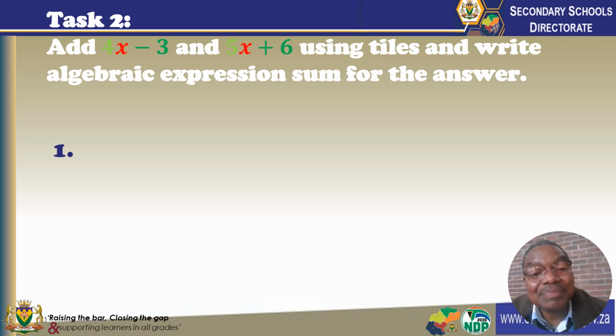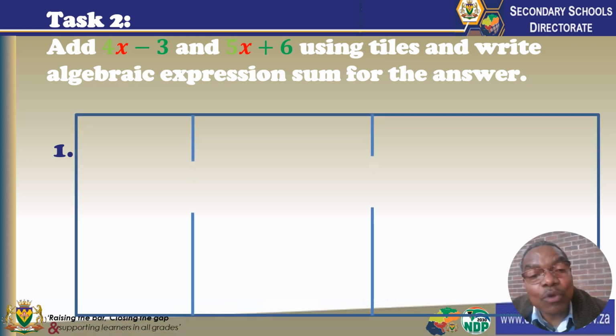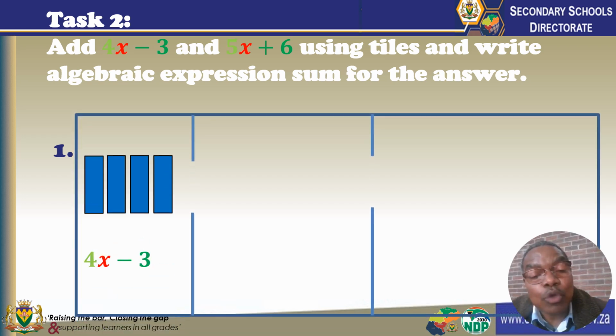So let's continue. Task 2: 4x minus 3 and 5x plus 6. Using tiles, write the algebraic expression for the sum. Same as before, we must first represent 4x minus 3 in terms of algebraic tiles. How many tiles do we have? 4 tiles, 1, 2, 3, 4 rectangles for x.